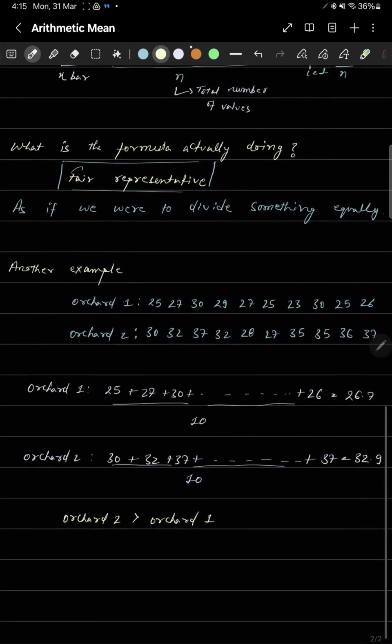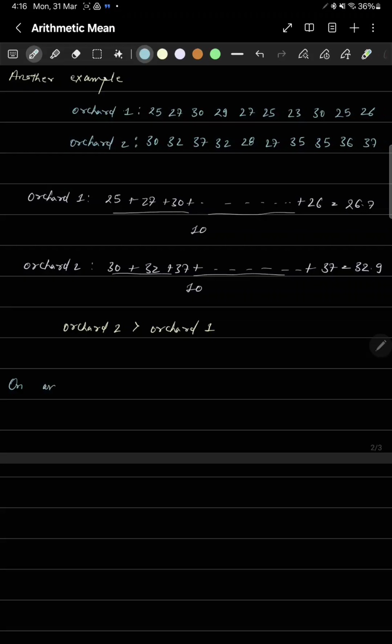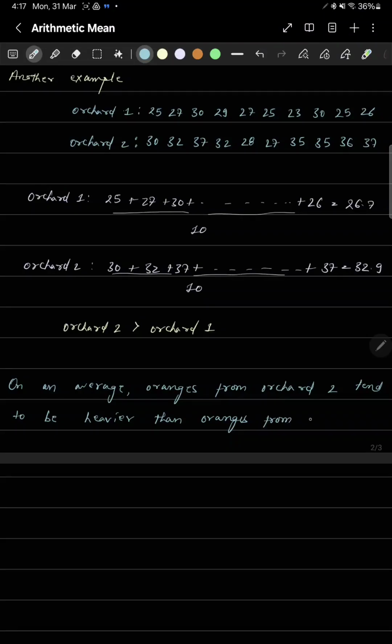We can also say something like this. Let's make a statement now that on an average, oranges from orchard 2 tend to be heavier than oranges from orchard 1.